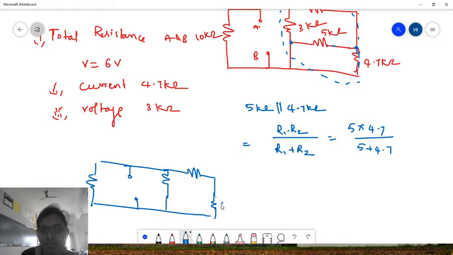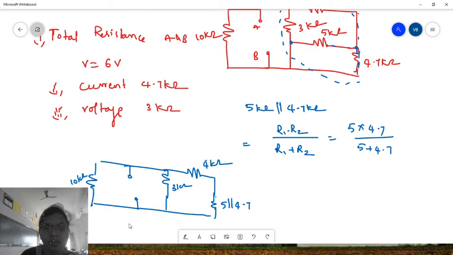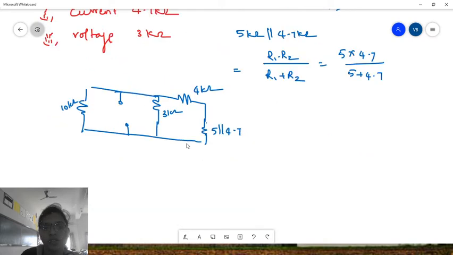Yes, so this is 5 parallel with the 4.7. So here the value is 4 kilo ohm, and here this is 3 kilo ohms, and this is 10 kilo ohm. Okay, so directly these two are in series and this is parallel. So here I'll draw that one.